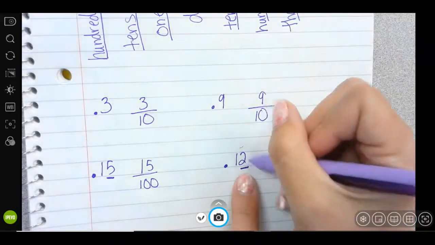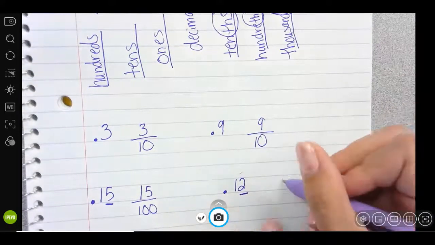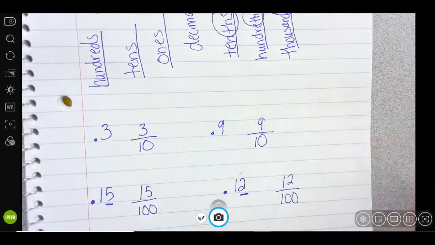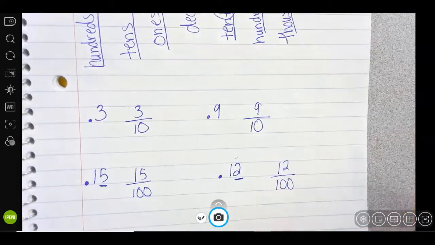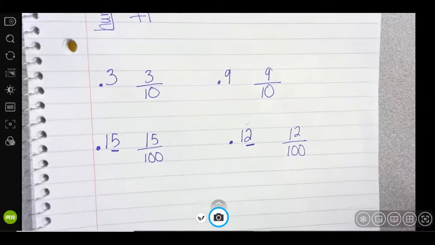So you look at the 2. The 2 is in what place value? The hundredths. So this would be 12 hundredths. I am also recording this, so if you guys need to go back, I'll post it for you, okay?